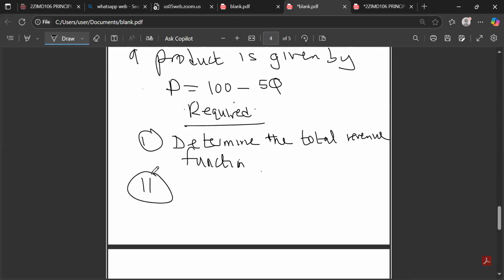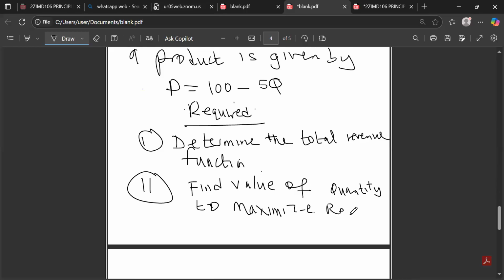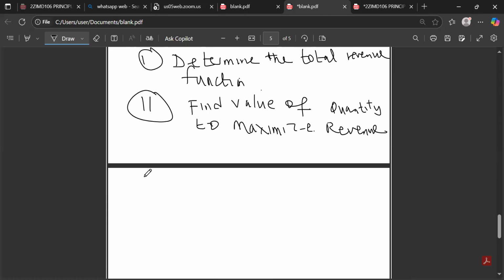Number two, find the value of quantity to maximize revenue. Then calculate the value of this revenue.